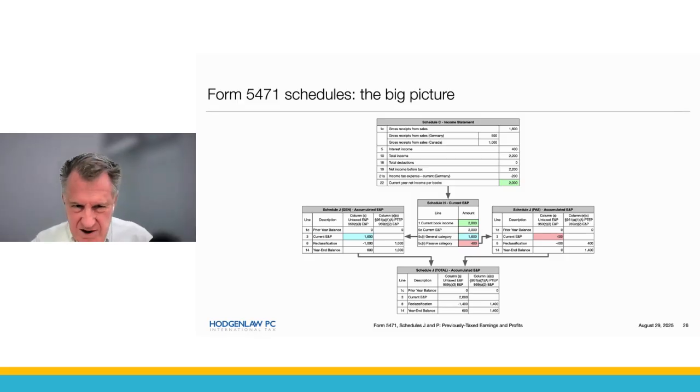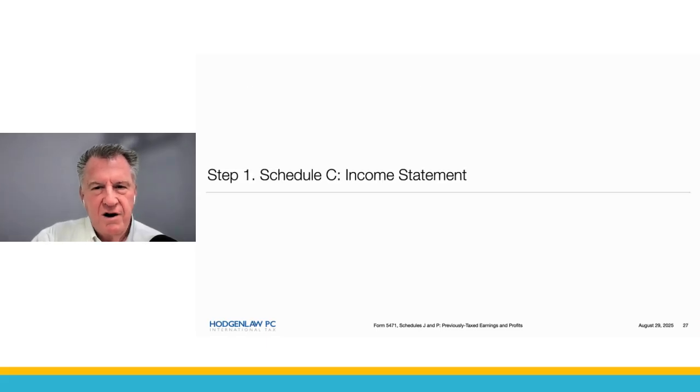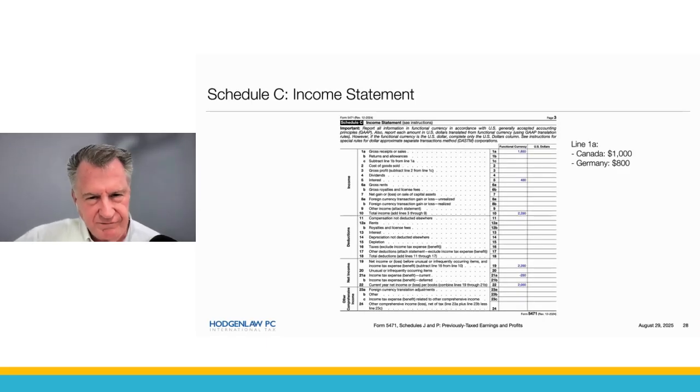So, that's the flow of what's going to happen and how the numbers are going to bounce from one form to another. So let's start with a bigger picture of what it looks like. I start off with the assumption that on Schedule C, they made $1,000 in Canada and $800 in Germany. Remember, in Canada there is no Canadian income tax.